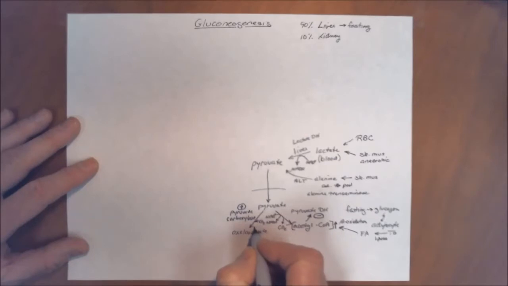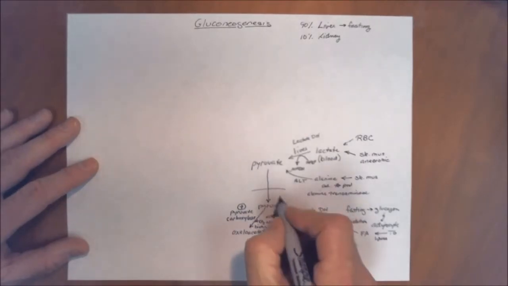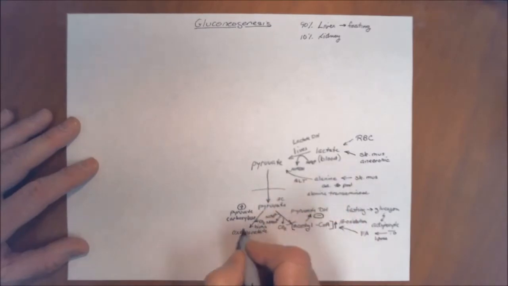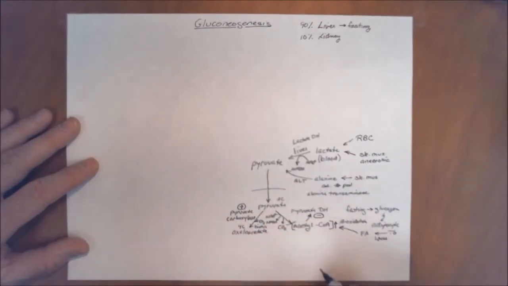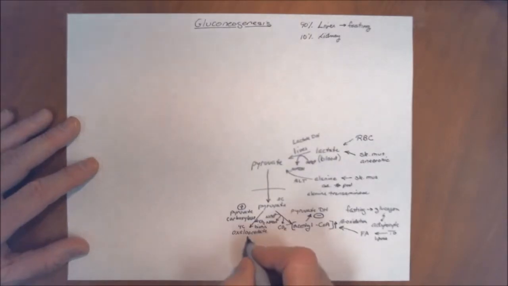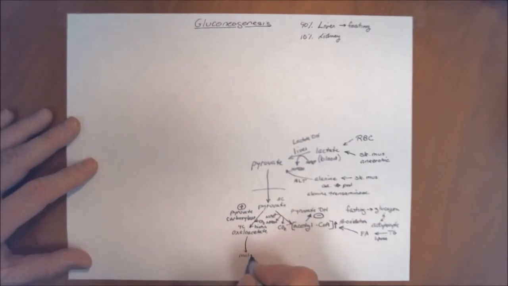This is a biotin-containing enzyme because we have to add CO2. Recall that pyruvate is a 3-carbon molecule, and oxaloacetate is a 4-carbon molecule. Now, once we have our oxaloacetate, we are going to convert it back to malate.